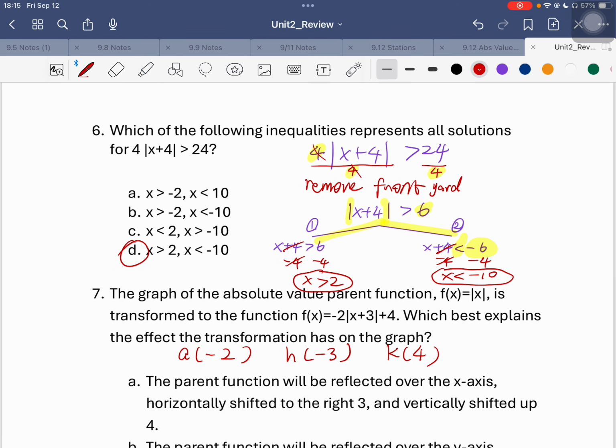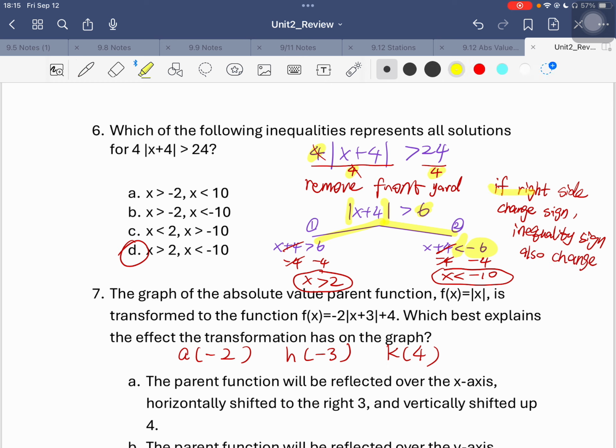So if the right side changes sign, the inequality sign also changes. Write this on your cheat sheet.